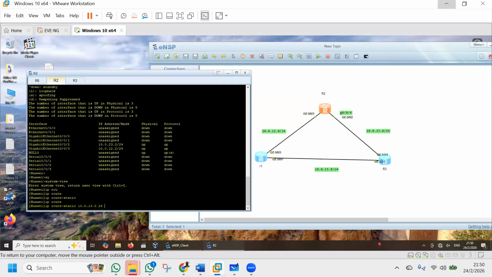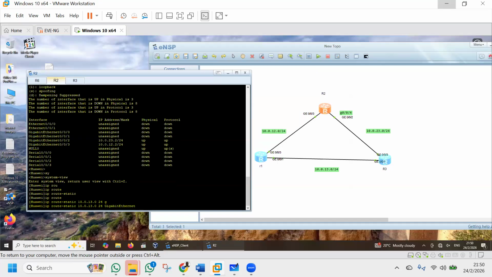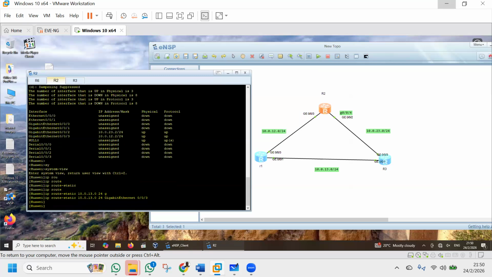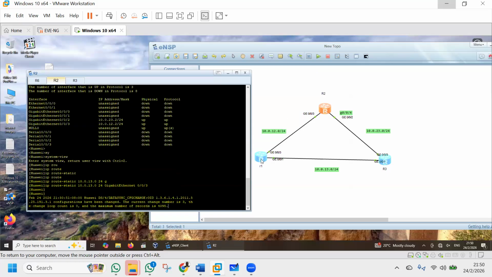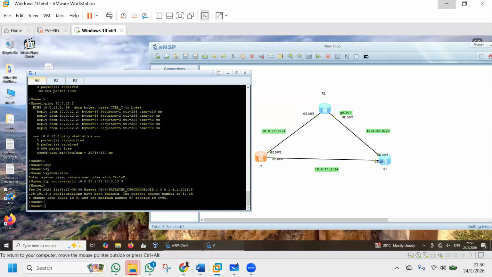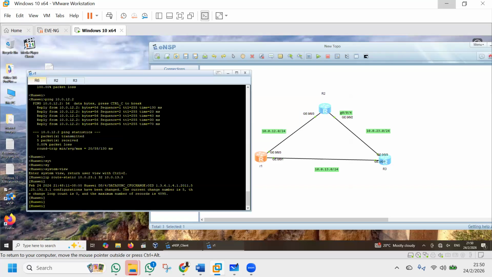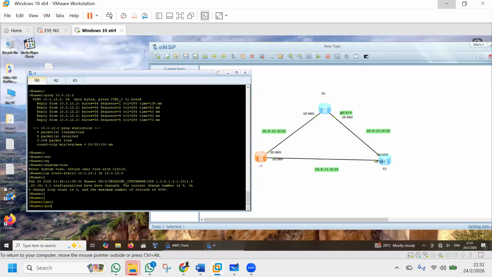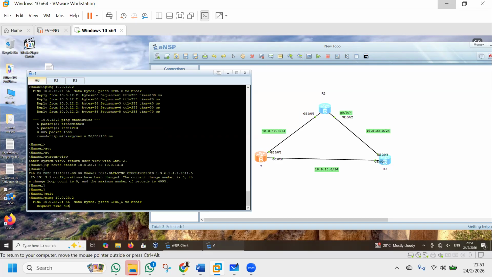It's this network, via GigabitEthernet 0/0/3. Go back to our ping, 12.2 and 23.2. 10.0.23.2. Still nothing.